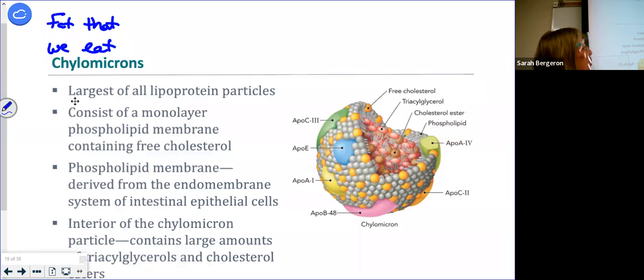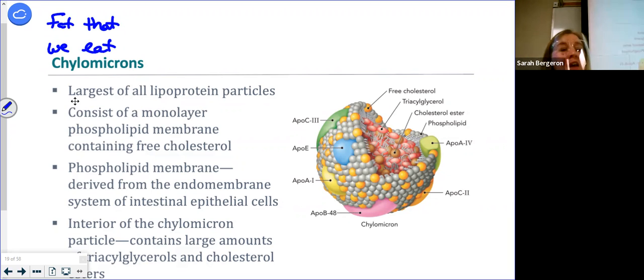Okay. So this is actually part lipid, part protein that is going to surround the triacylglycerides and take them places. You can also have some cholesterol that you transport in here as well, but you need to cover it in some kind of lipid. The lipid that surrounds it is a phospholipid.